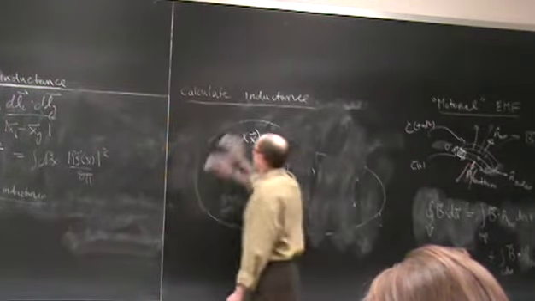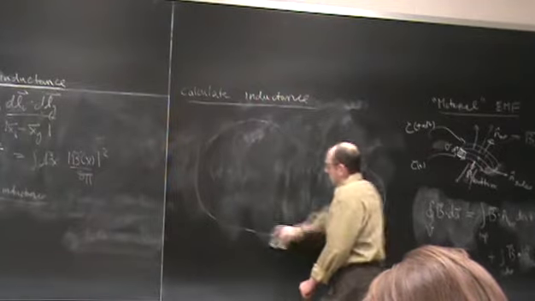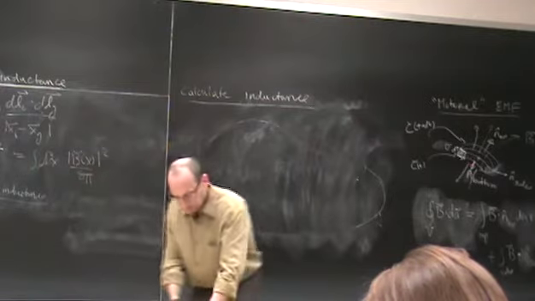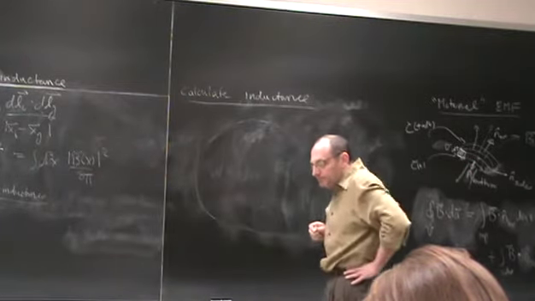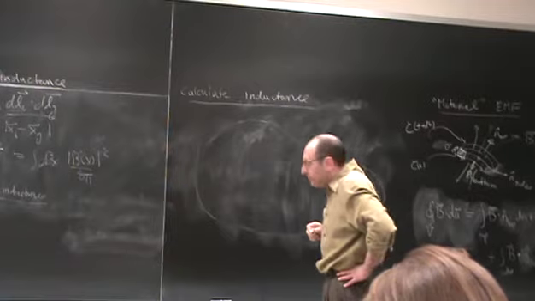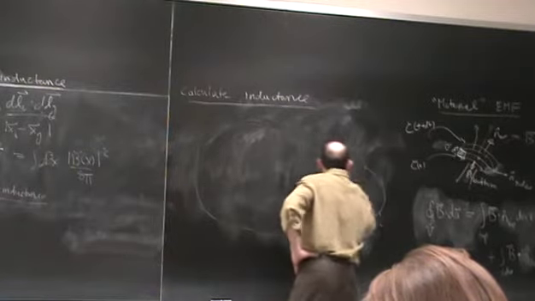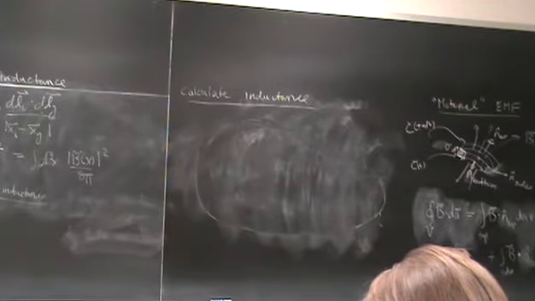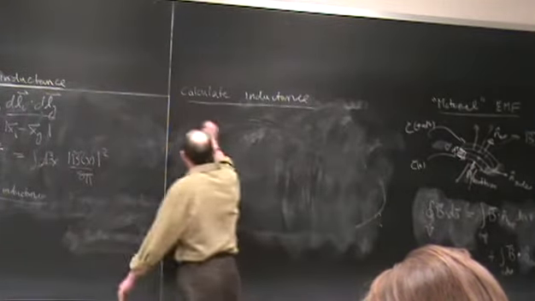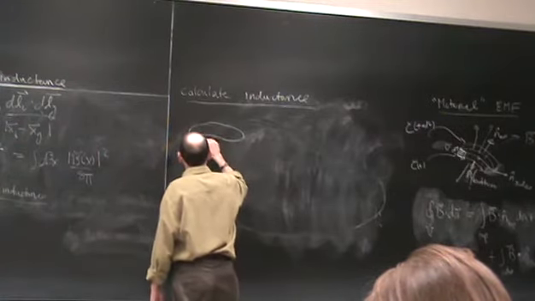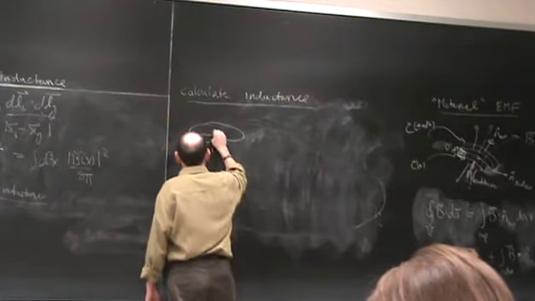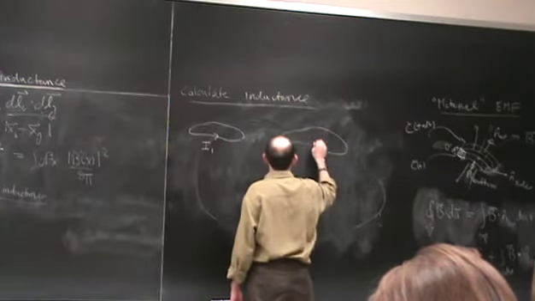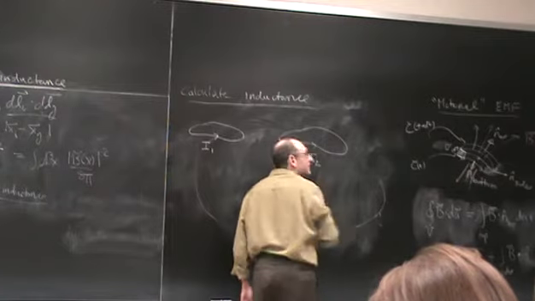All right, so how do I calculate inductance? Well, similarly to the way that we typically calculate capacitance, we look at the geometry. Let's look at the mutual inductance for a moment. Let's say I have two loops, whatever they are. They don't necessarily have to have the same shape, but I seem only capable of drawing one kind of shape.